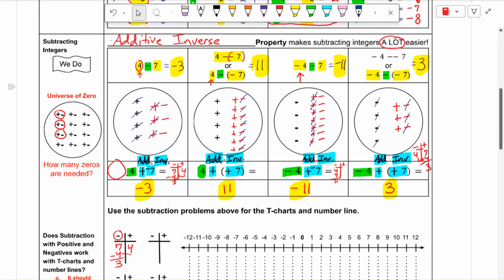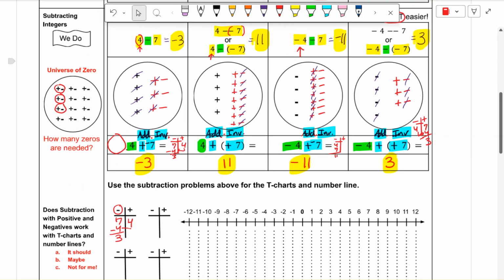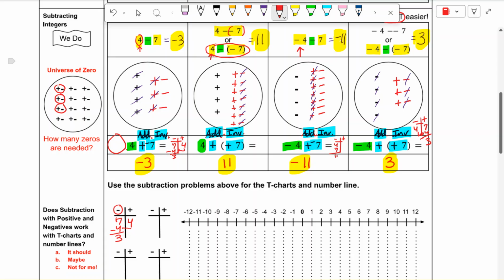What about the next one? I'm looking right up here, 4 take away negative 7. So 4 is a positive, take away negative 7. You would bring this across and subtract. No, we would have to add all of a sudden.